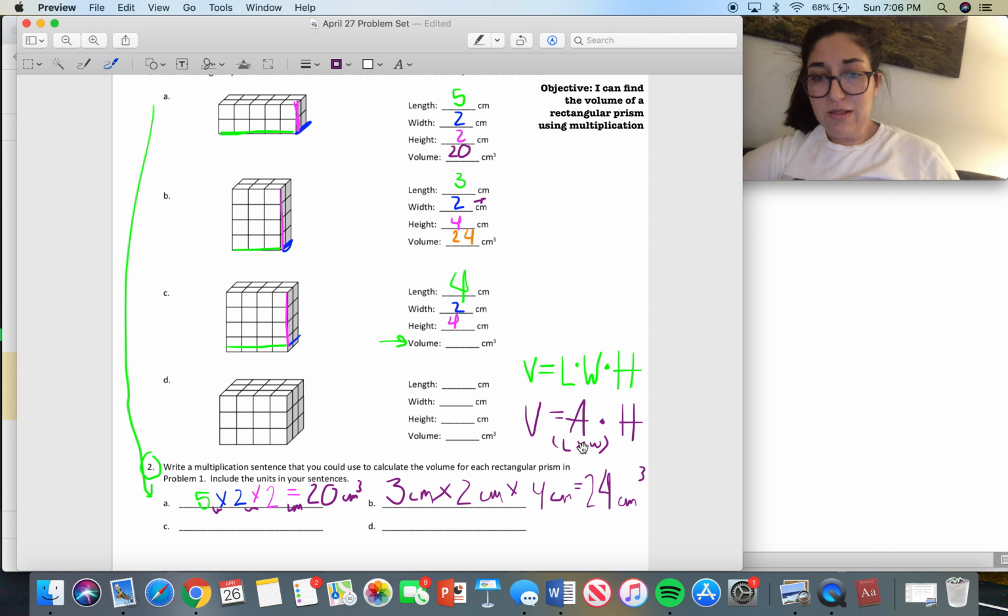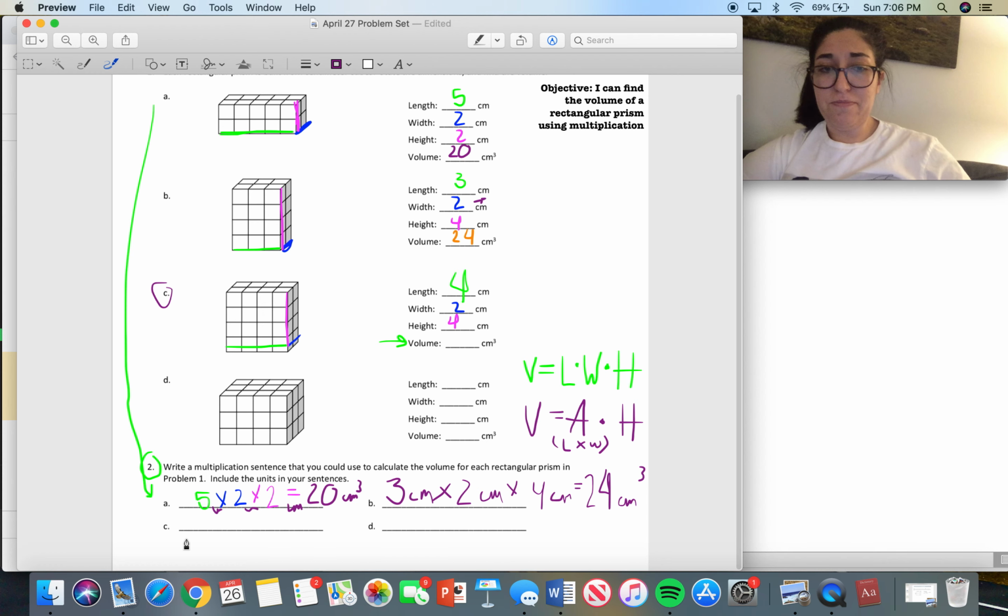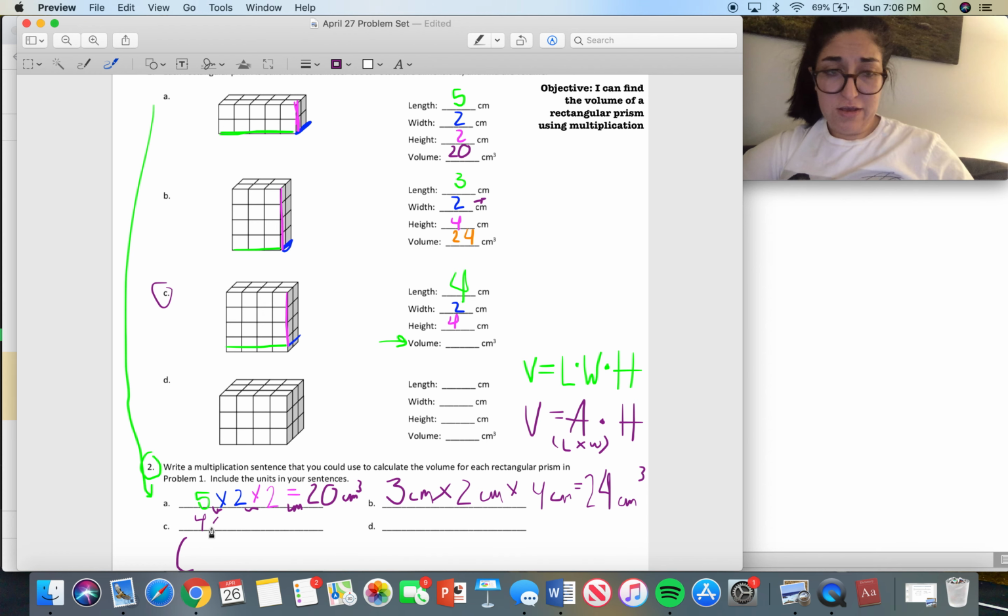You will worry about it later on. But if you think about it like this, then my length times my width for C, let's look at C, is 4 times 2. So I'm going to write it below here just for space. 4 times 2, that's length times width, that's going to be 8.